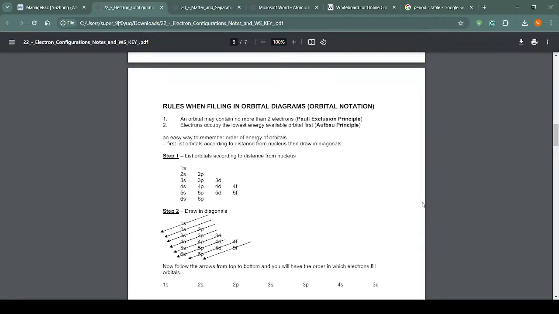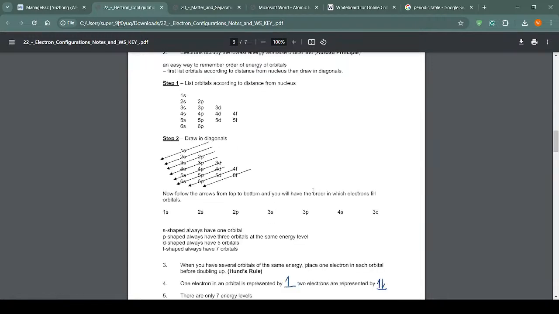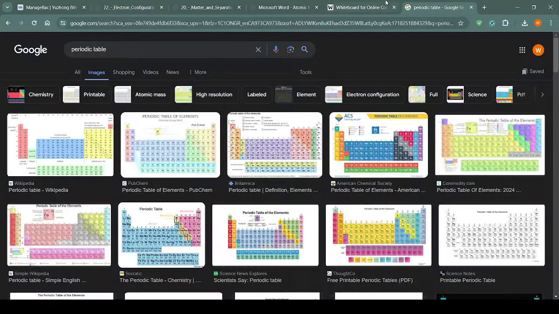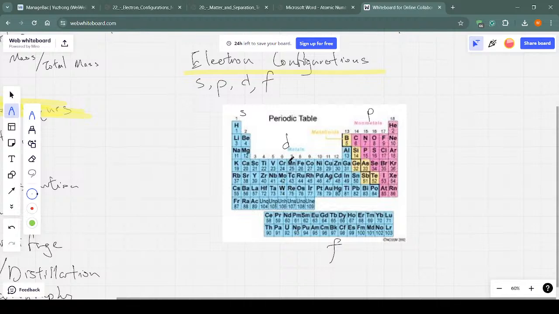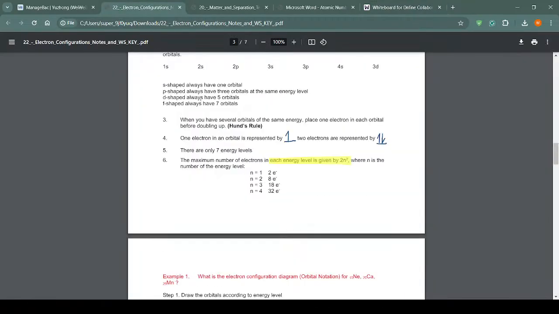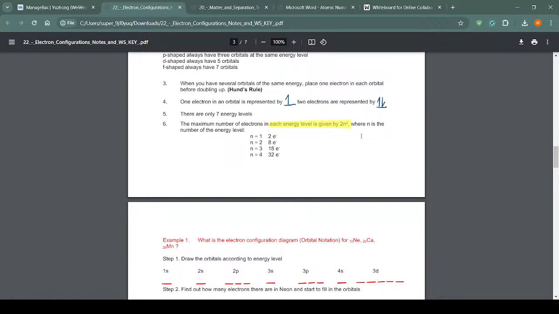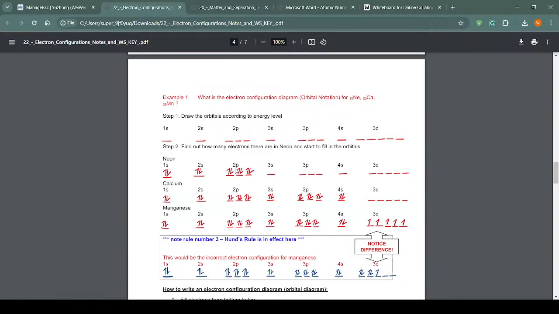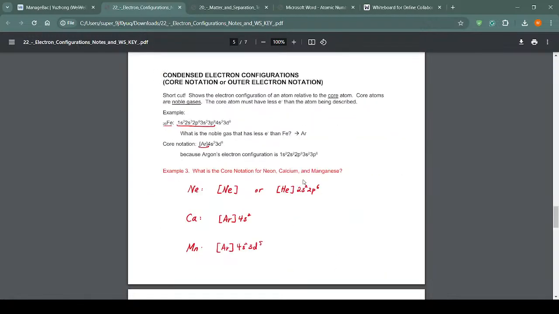So 1s, 2s, 2p. So it goes this way. Yeah, okay. S shapes always have one orbital. Up, down, up, down. Okay.